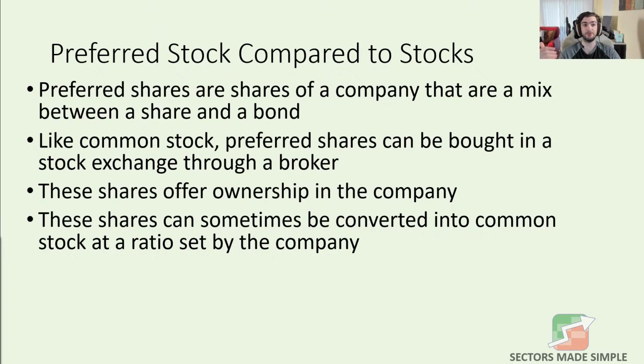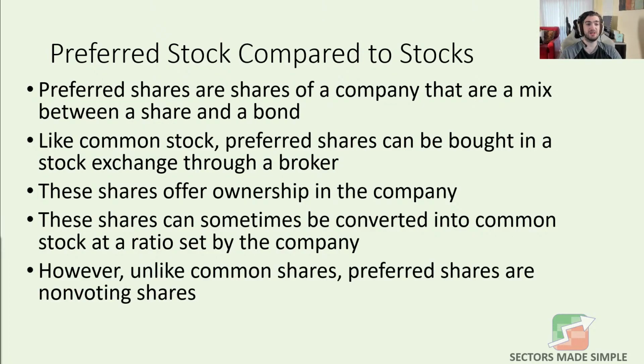If you own preferred shares, some companies, and honestly most companies, offer you the ability to turn your preferred shares into common shares. And the way that they'll do this is they'll say, we have a ratio of 1 to 12, for example. So you can take 1 preferred share and exchange it for 12 common shares. Not a bad deal, right?